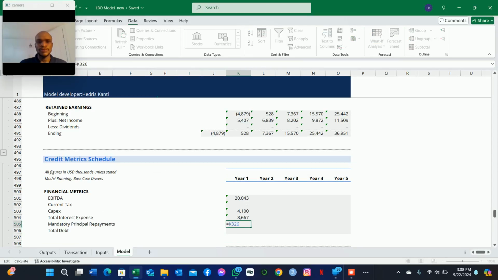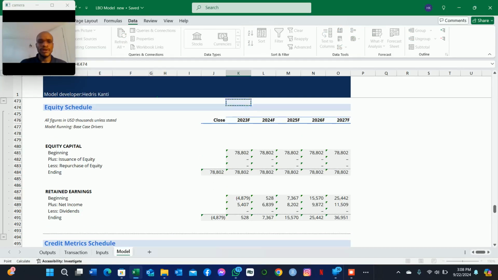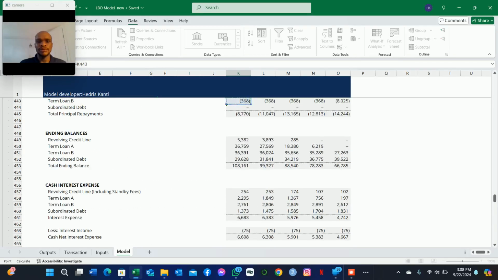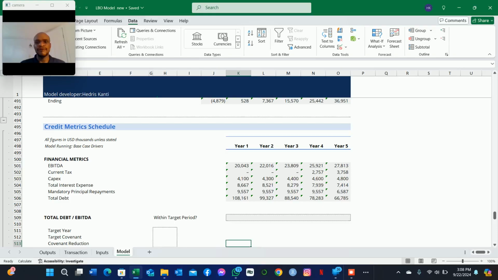We just switch the sign to make it a positive, because we are showing everything here in the financial metrics as positive. For the total debt, we have it already summarized at the very bottom of our debt schedule. So we have the total debt here, ending balances. So we have that in place. Now we can take this and fill it right with Control R for the rest of the years. So we have all of those in place.